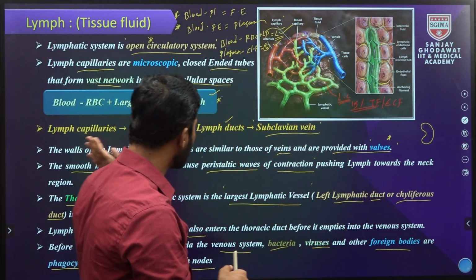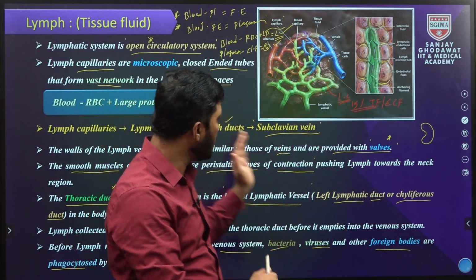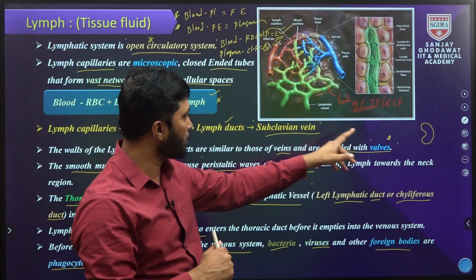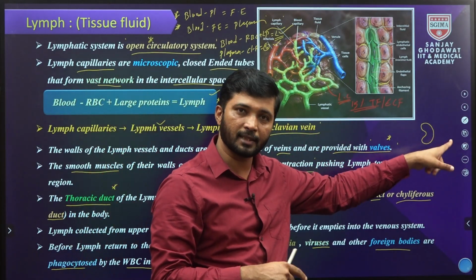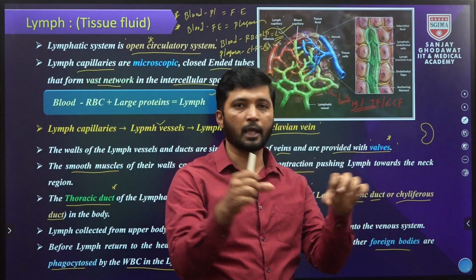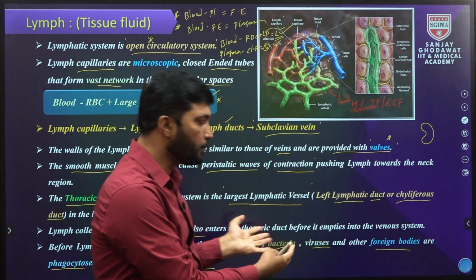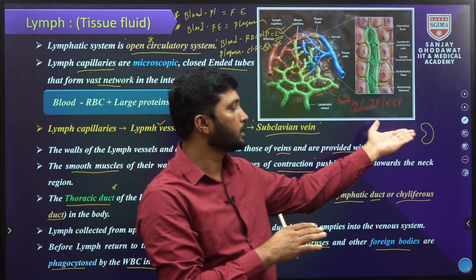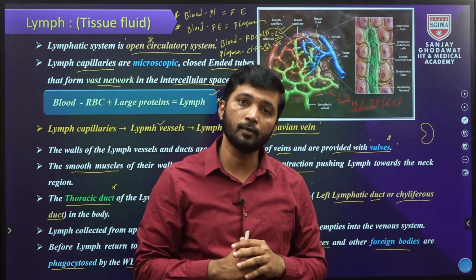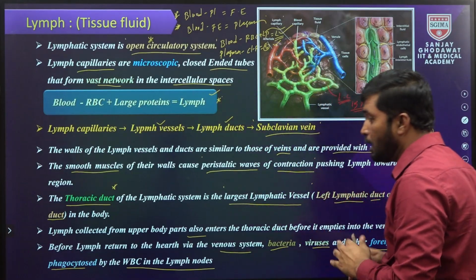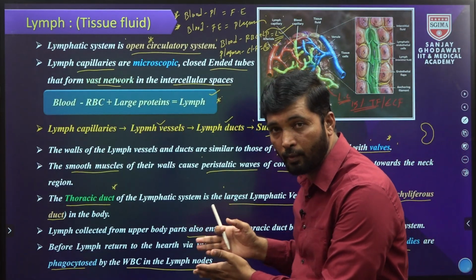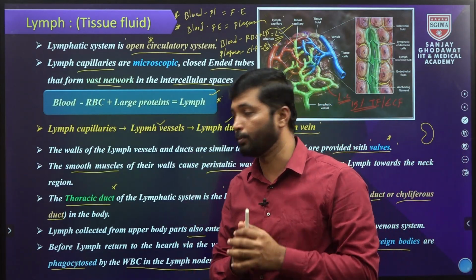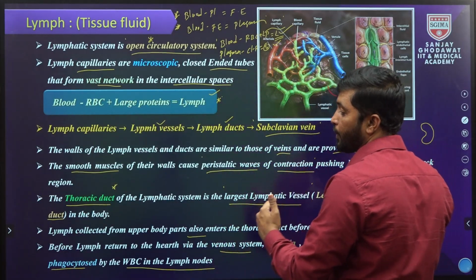During this transport, what happened? The lymph nodes present throughout the lymphatic system capture foreign particles. If any foreign particles are present in the lymph, they are captured and destroyed by phagocytosis. Valves are also present, as already discussed, preventing back movement of the lymph in the lymphatic system.